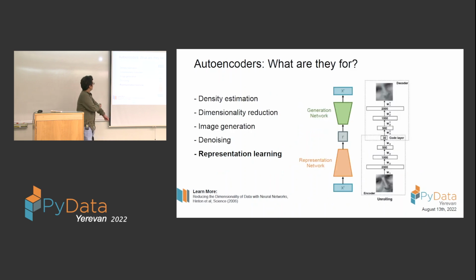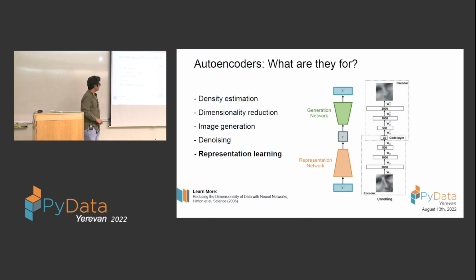Cool. And what the autoencoder can do, we will see here. If you have some X, this one is X, I will correct it later, going to the representation network, and then getting one representation and then generating, you can use it for density estimation, for example.